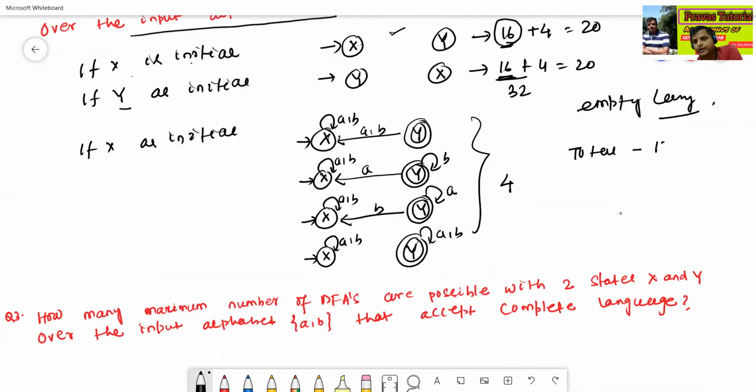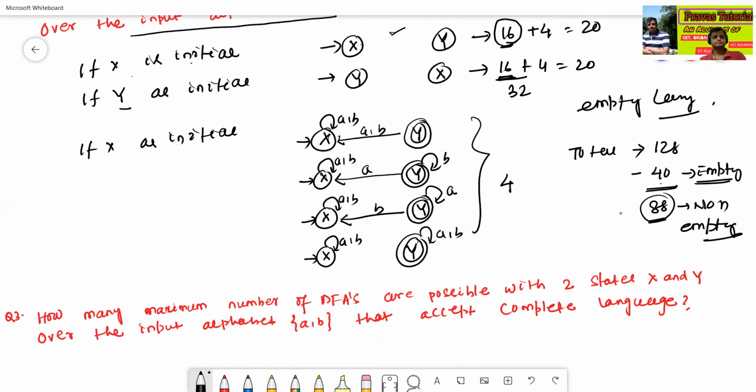Out of 128, 40 will accept the empty language. Now the remaining, a total of 88, will accept other than the empty language. So 40 accept the empty language means 88 accept a non-empty language.